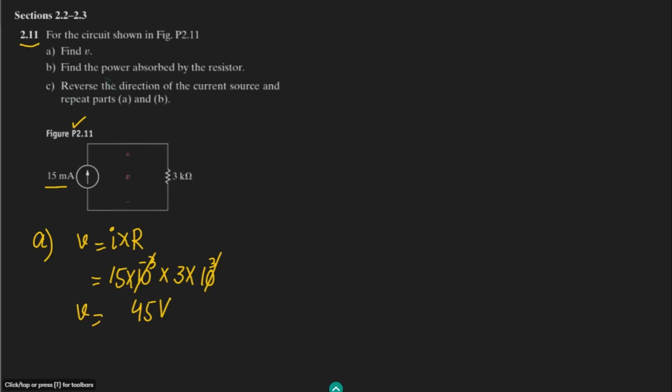After it, we have to find the power absorbed by the resistor. This is part B. In order to find the power absorbed by the resistor, we have to use the formula P is equal to I square into R, or there is another formula as well, and that is V square divided by R. Similarly, for the sources, as we have done in our previous questions, the power is always I multiplied by V, which is the current through that source and the voltage provided by that source.